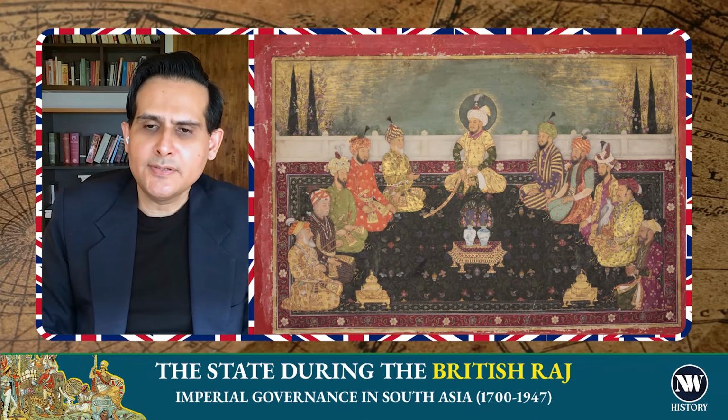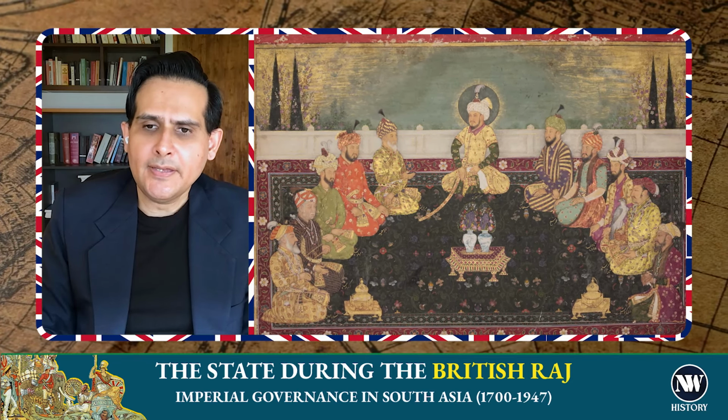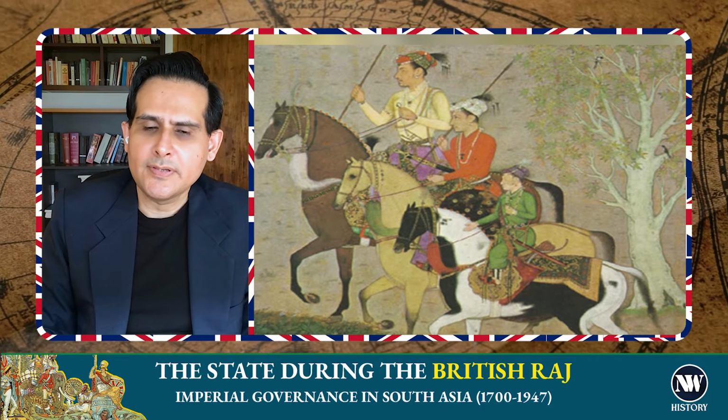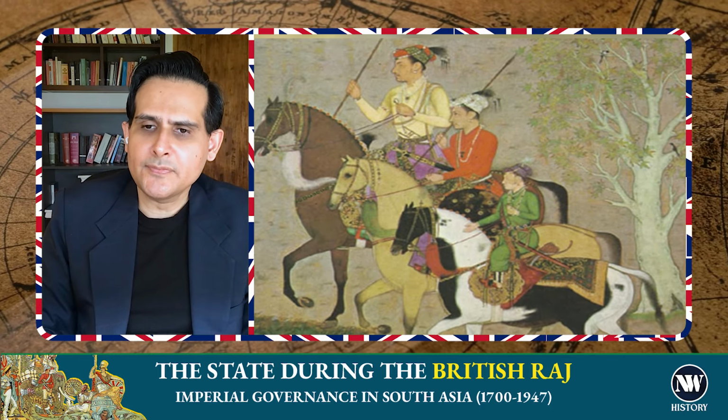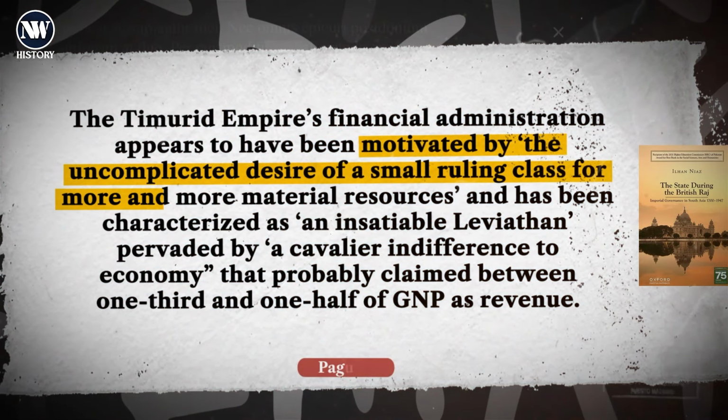So the Mughal Empire perhaps is too extractive in terms of how it collects the tax revenue and too oriented towards spending those tax revenues on the lifestyle of the ruling elite for sufficient productive investments to be made.